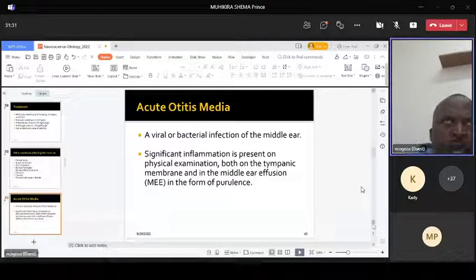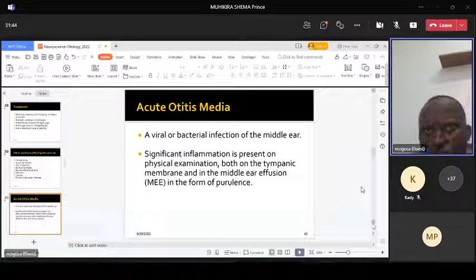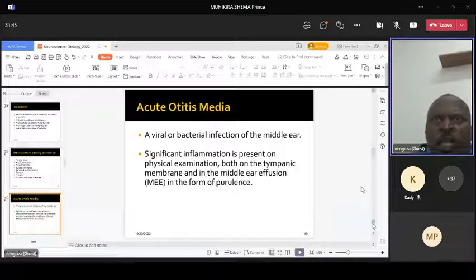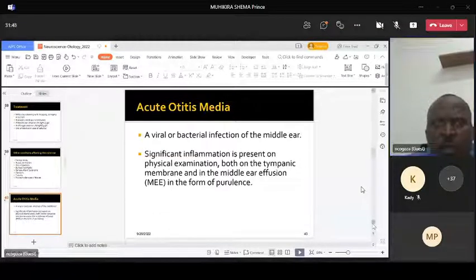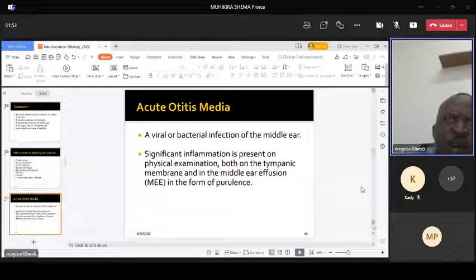Actually, as I said, the outer part has hairs and glands. Their role is producing that fluid, but that fluid falls into the posterior part. That is why cerumen does not stay only in the outer canal, in the anterior part. It goes also into the posterior part.